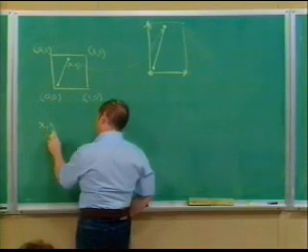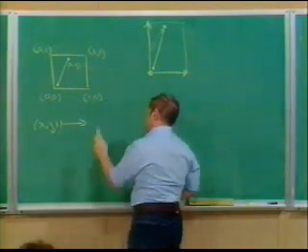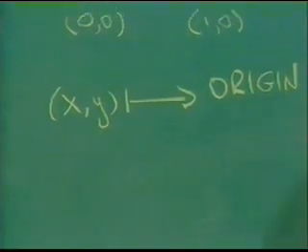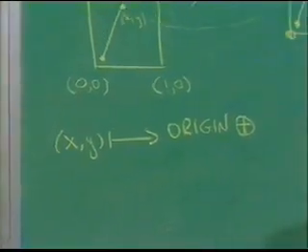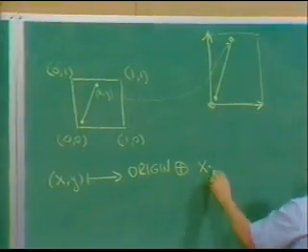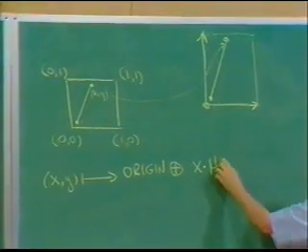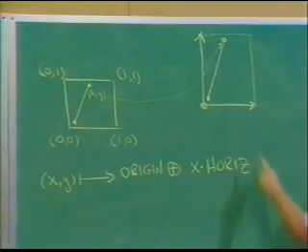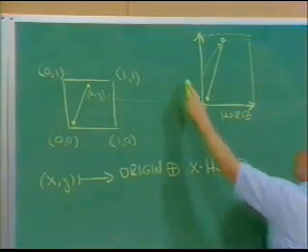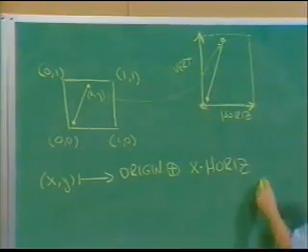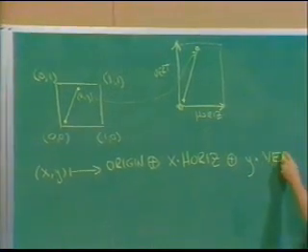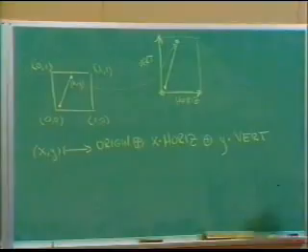The point that xy goes to is gotten by taking the origin of the rectangle and then adding to it, as a vector, x, the x coordinate, which is something between 0 and 1, multiplied by the horizontal vector of the rectangle, and the y coordinate, which is also something between 0 and 1, multiplied by the vertical vector of the rectangle.